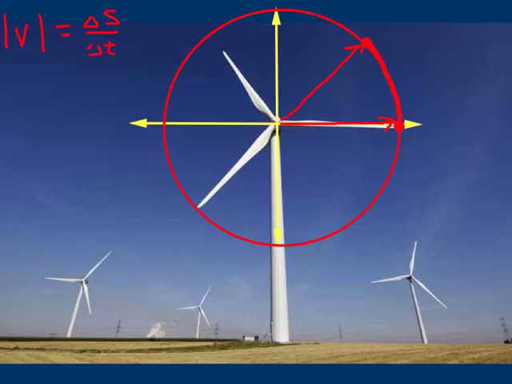Well, I already know of an angular analog, a rotational analog to this distance traveled. I could talk about the angular position traveled. So that's my angular displacement, and I can divide that by time.